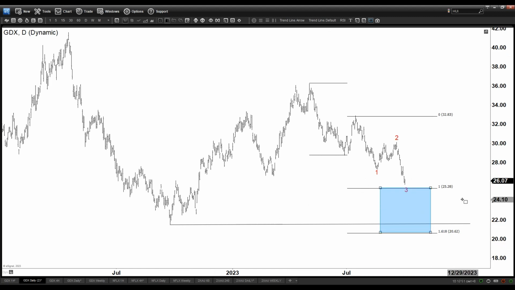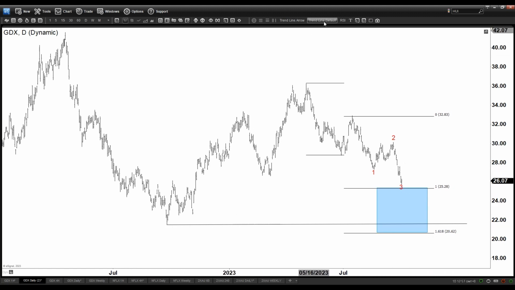So if we think that it is going to hold, then this is going to be the potential support zone for GDX, between the low here around 21.5 and 25.3, which is the 100% extension of this.